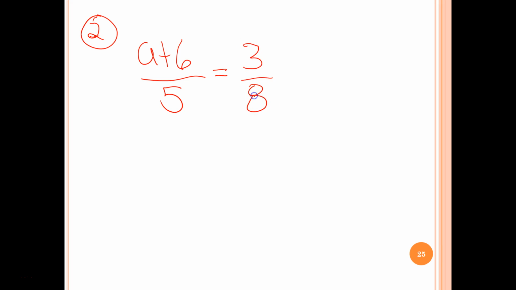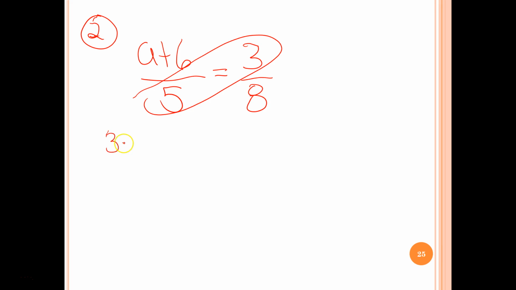So what we've got here is (a + 6)/5 equals 3/8. And we know that whenever we have a proportion, two fractions being equal, we can use their cross products to solve.